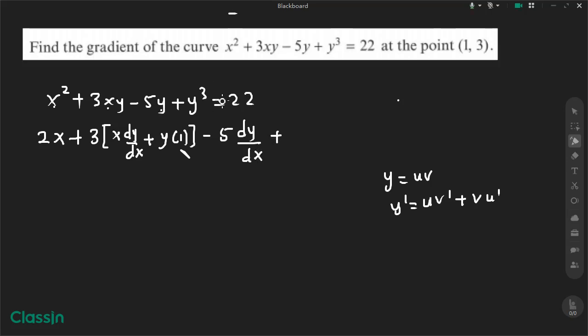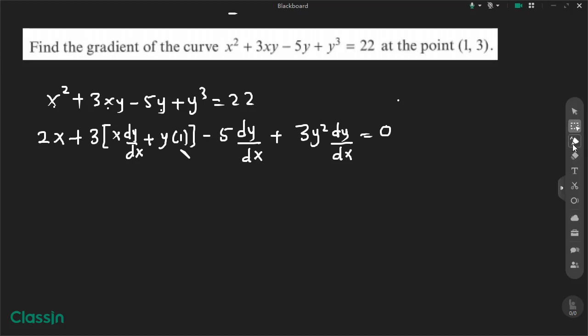We differentiate y cubed. That will be 3y squared, and once more, it's y, so whenever we differentiate y, we have to multiply by dy/dx. And this is equal to, we differentiate 22 with respect to x, that goes to 0.